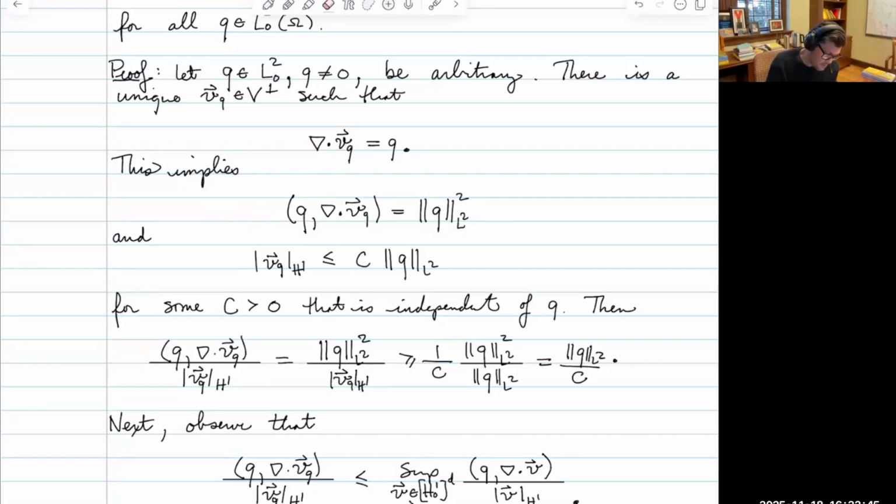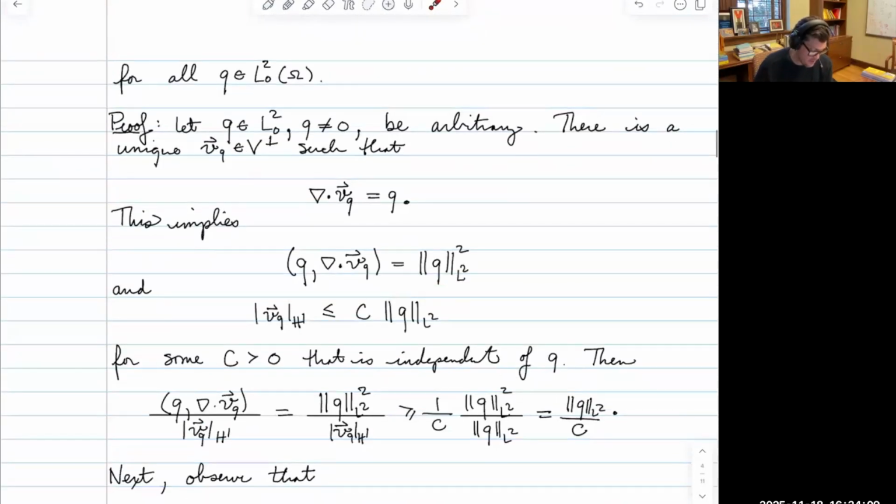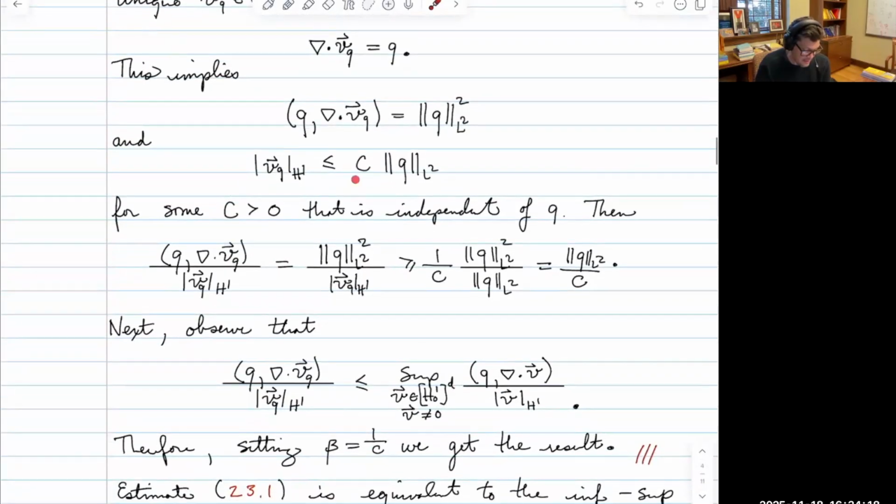We've just shown that we can always find a V_Q from this space, V perp, such that it's exactly equal to the L2 norm of Q squared. So we start out with Q and we manufacture this V_Q, and it has this property. What else do we know? Well, from that last theorem, the one that we couldn't prove, from Girault and Raviart, we know that the H1 seminorm of V_Q is less than a constant C times the L2 norm of Q. And this constant is completely independent of Q.